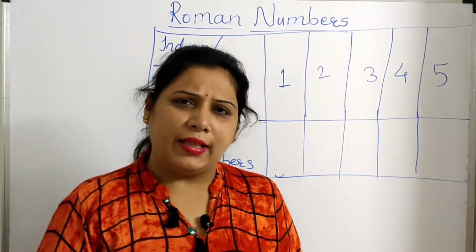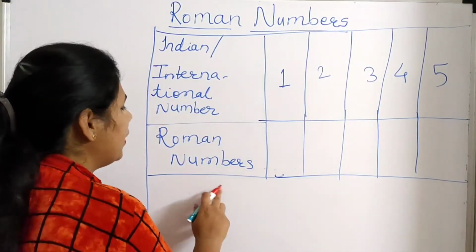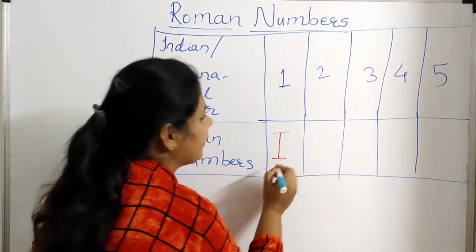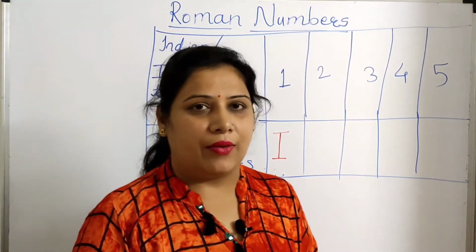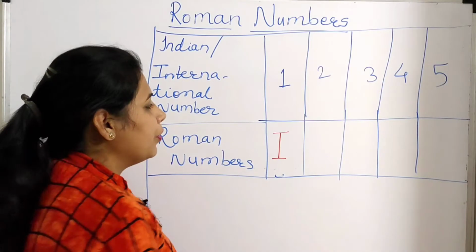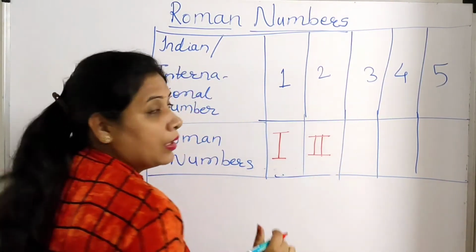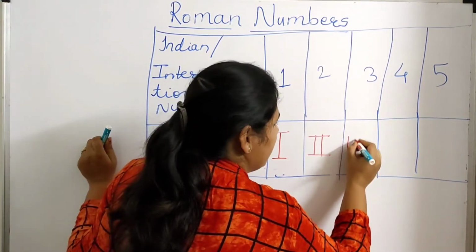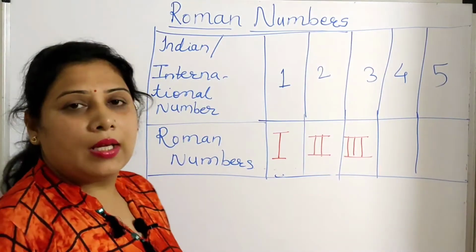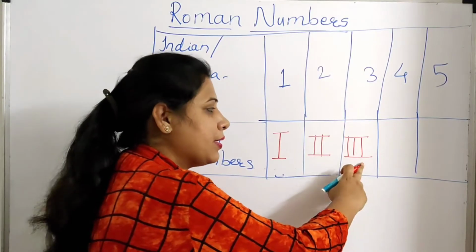Now, how do we write these numbers into the Roman number system? For 1, it is indicated as capital I of the English alphabet. So, it is denoted as I. For 2, it can be written as II. For 3, the Roman number is III.